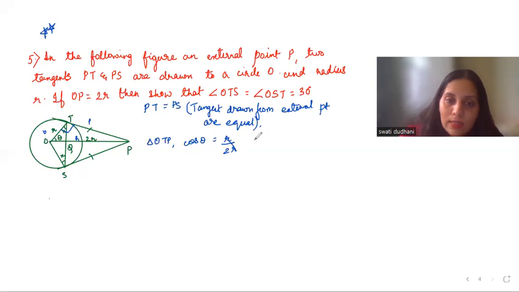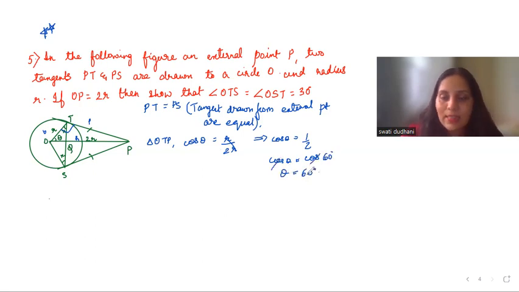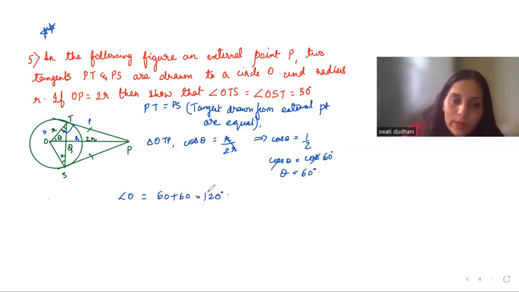R R gets cancelled. I get cos theta is 1 by 2, or cos theta is equal to cos 60. So from this I get theta as 60 degree. So therefore angle O will be equal to 60 plus 60 which is equal to 120 degree.